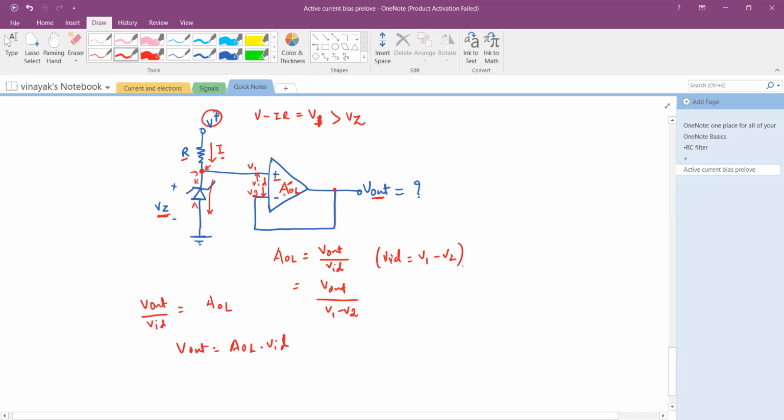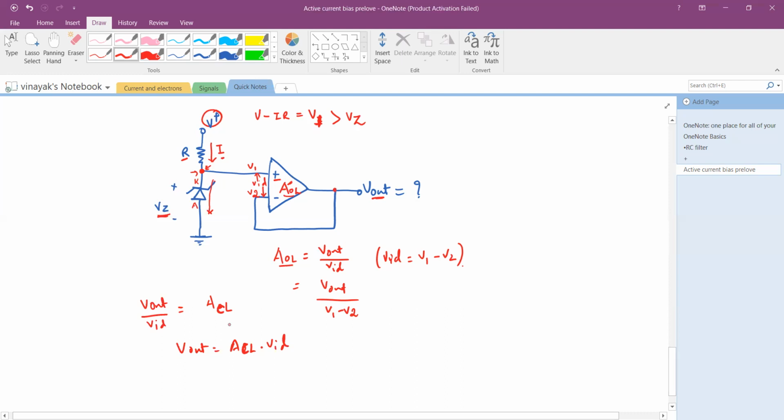But now you have the feedback here. So the feedback gain will be written as ACL, because that's the closed loop gain. AOL is an open loop gain, right?